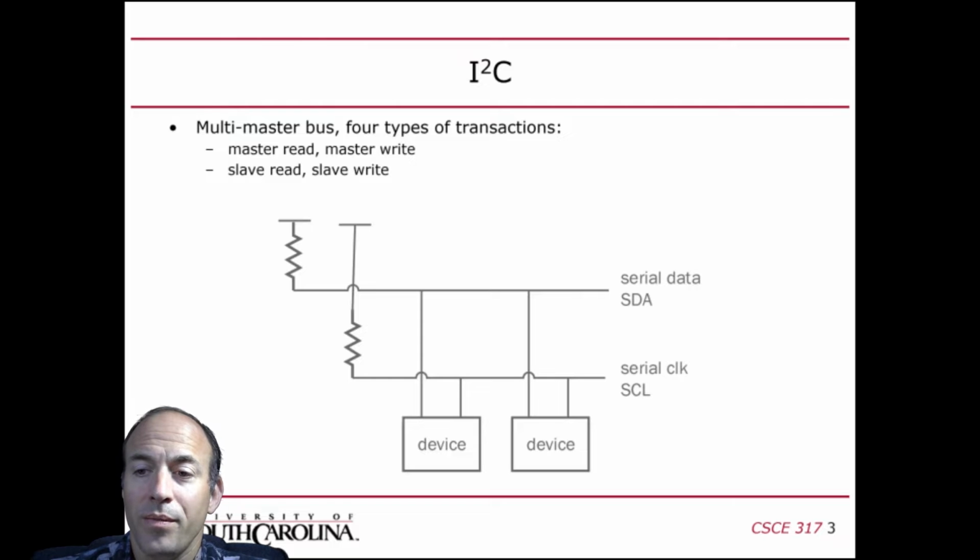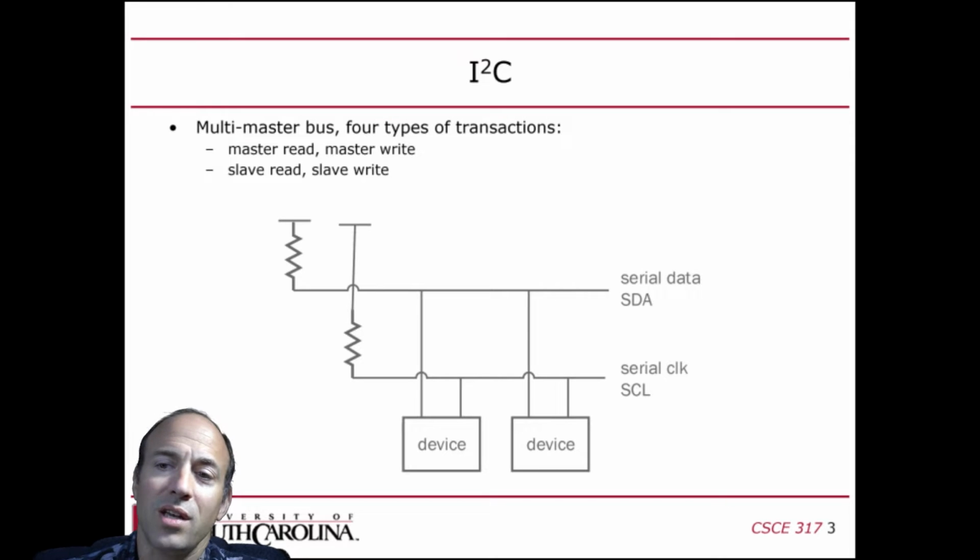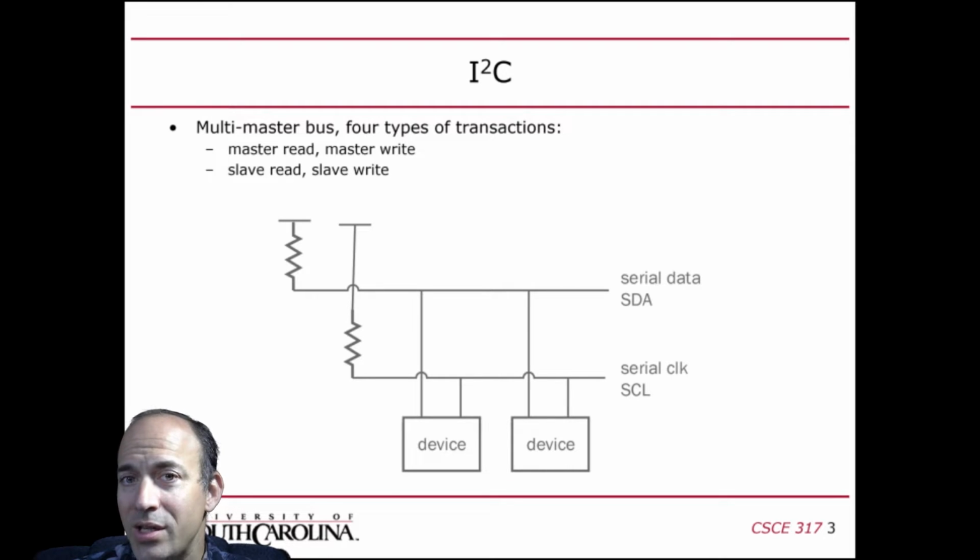And it is a multi-master bus, meaning that any device can take mastership of the bus. The technology is set up so that any device on the bus is able to drive both of the signals or read both of the signals. So SDA and SCL are essentially input-output pins with respect to every device that is connected to the bus.